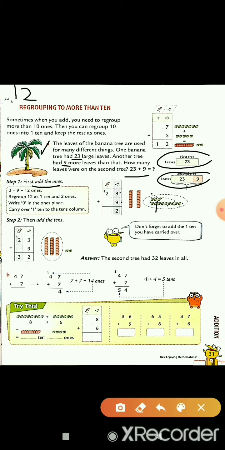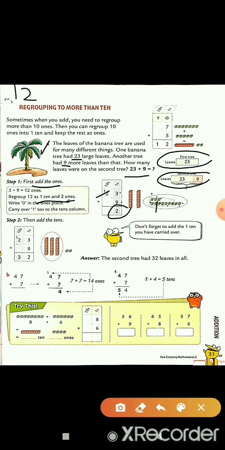We can regroup 12 as 1 ten and 2 ones. So at the ones place we can write 2, and the 1 ten is carried to the tens column.